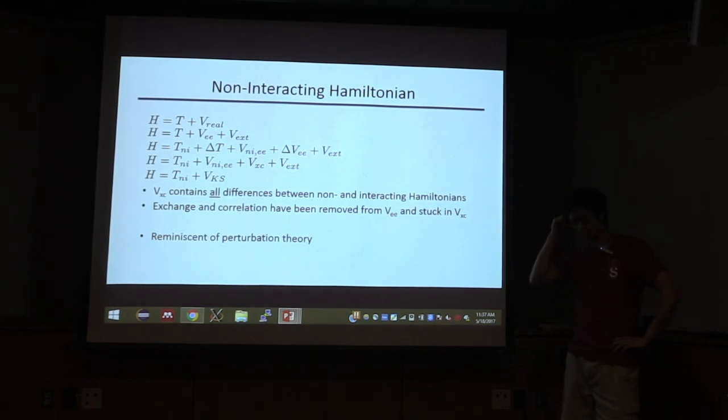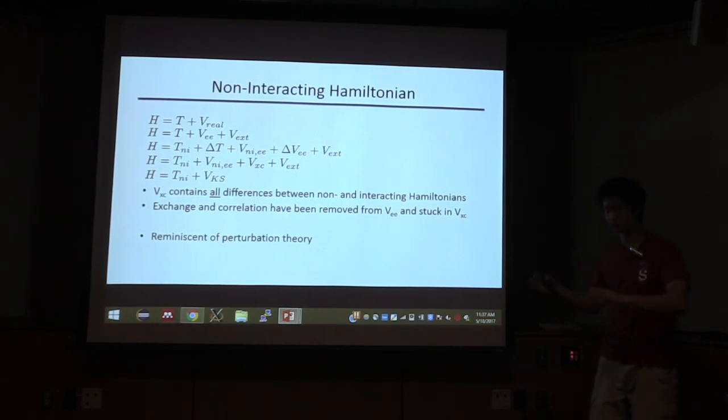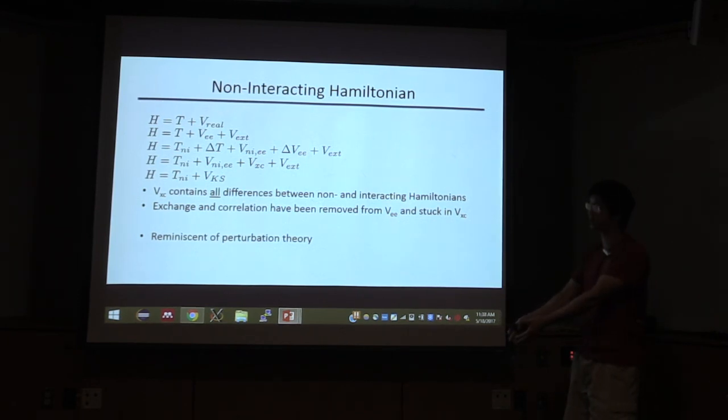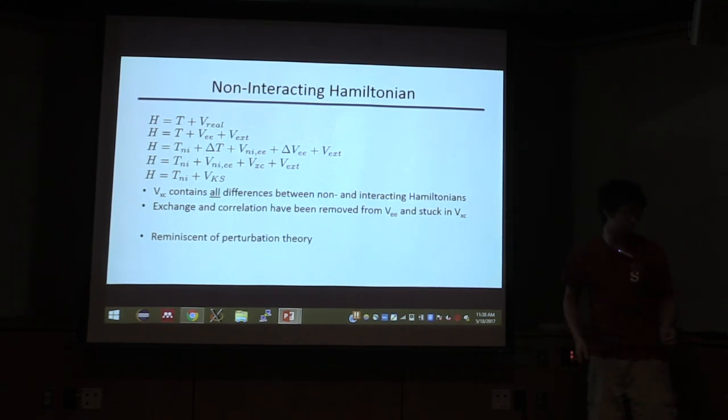For those of you who are familiar with perturbation theory, this is kind of reminiscent of that, just because you're taking your Hamiltonian and you're separating it into a system that you know a lot of analytical things about, and this unknown part that you're hoping is really small, and that you can, in perturbation theory, you hope it's small and that you can approximate it. Here, you hope it's small and that you can find a useful approximation to it.